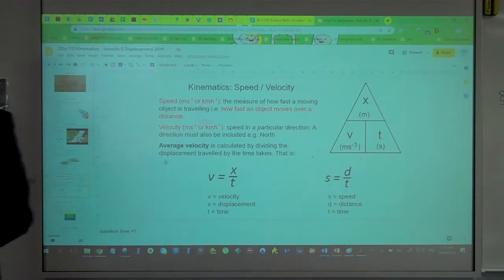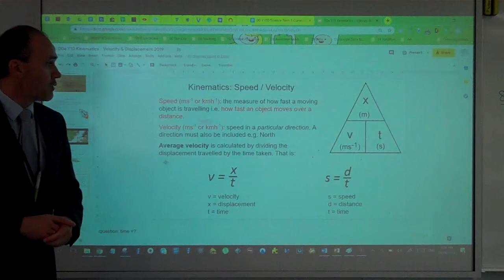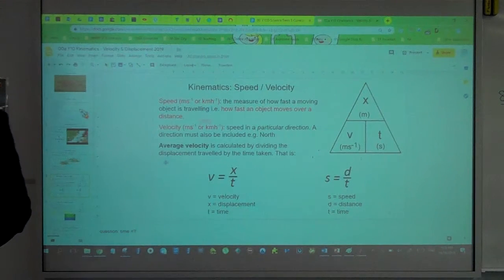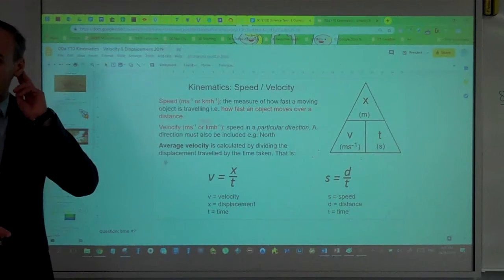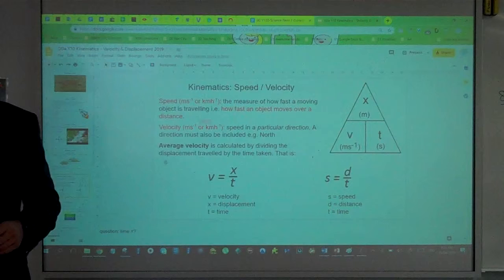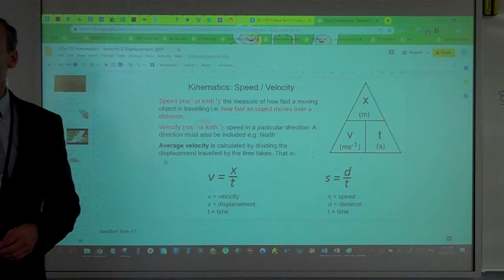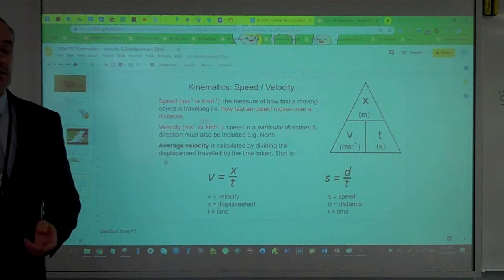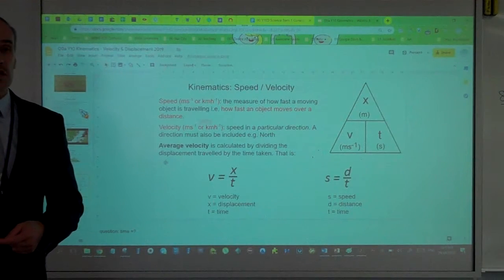Now, average velocity is calculated by dividing displacement by the time taken. So this gives you the average velocity. If I drive to Melbourne, going through Bendigo, I'll be doing 50, 60, I'll get to the 80 zone, then I'll get to the 100 zone, and it might take me an hour and a half to get to Melbourne. But all of those velocity changes are averaged out.